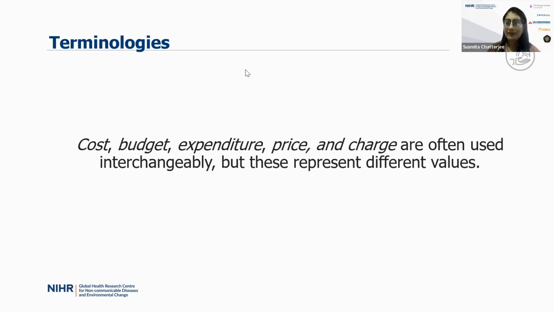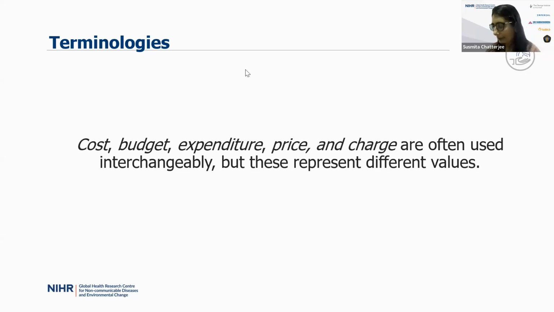But that's not correct. We have seen this many times, that the budget head and the expenditure head are not at all matching.